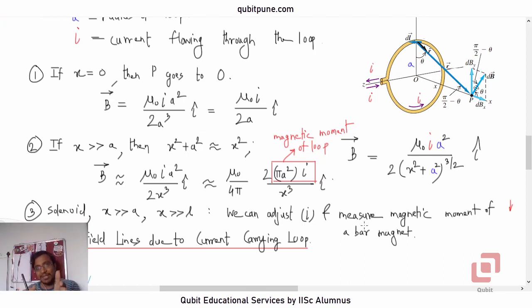So pole strength into length of the bar magnet is the magnetic moment. In state board textbooks you will find that, but your NCERT book doesn't mention it. We will stick to this definition of a bar magnet's magnetic moment. Clear? Okay, fine.